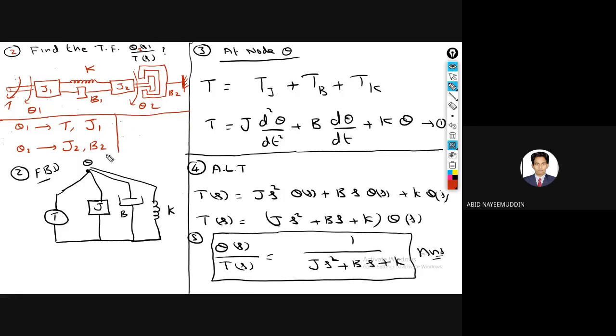The common elements between theta 1 and theta 2 are K and B1. Now drawing a free body diagram.